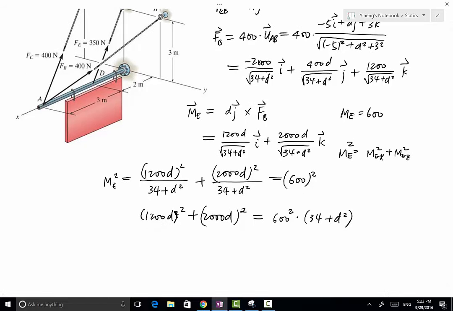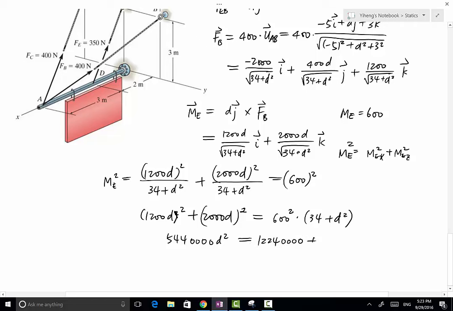From here, you realize that if you treat d squared as an unknown, you can solve for d squared, because it's just algebra from this point on. So we would have on the left-hand side 5440000 d squared. On the right-hand side 1224000 plus 360000 d squared. From here we can solve for d squared to be 2.409.